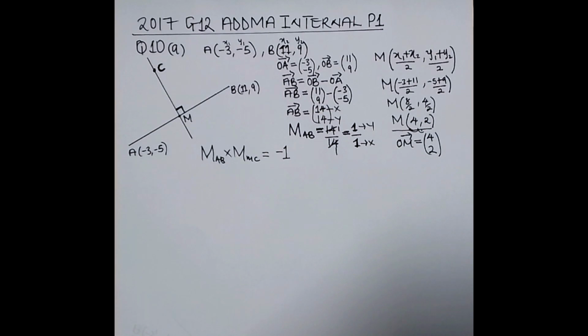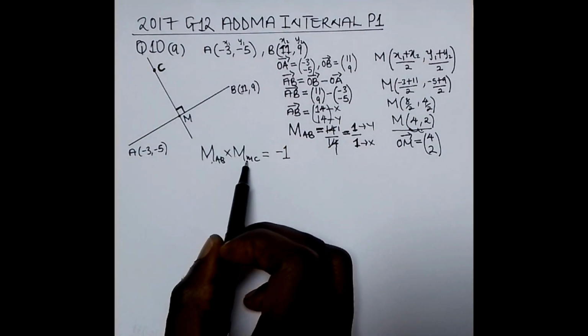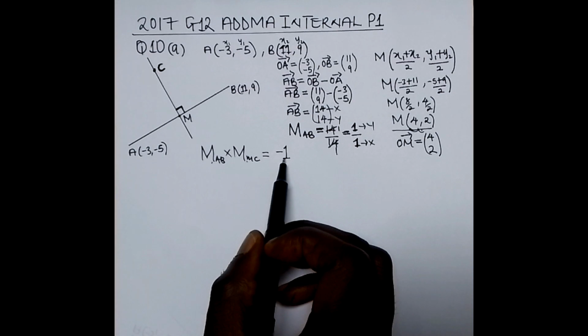This relationship is the relationship that exists between lines that are perpendicular. The gradient of this one times the gradient of this one is equal to -1.